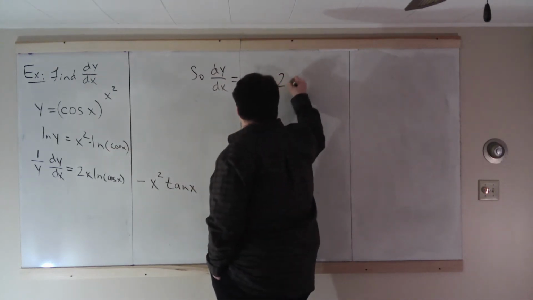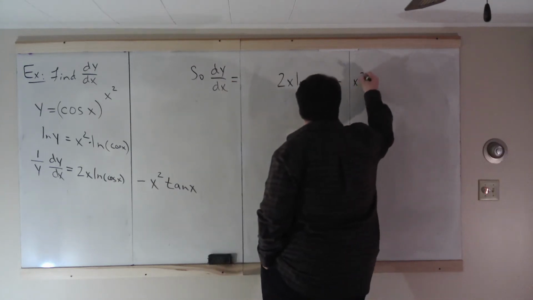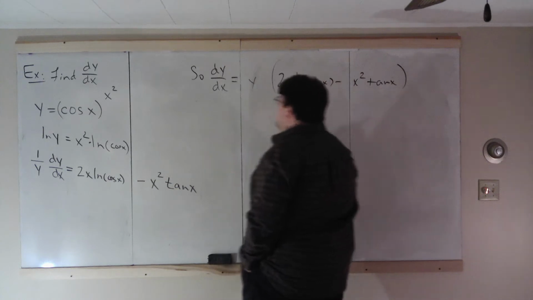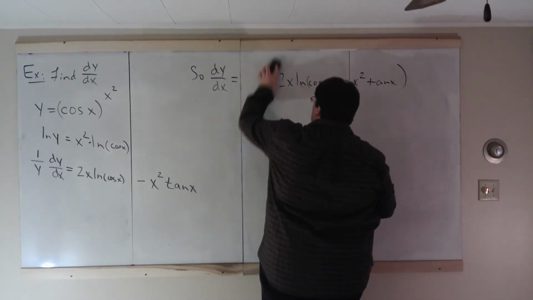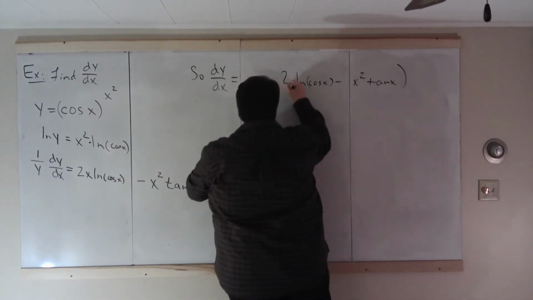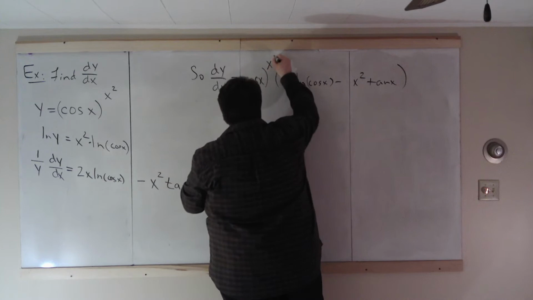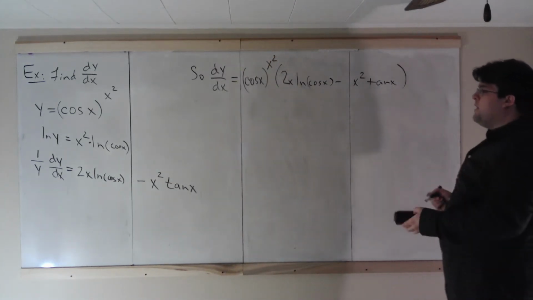So it's 2x log cosine x minus x squared tangent of x, all times y, but y is cosine x to the x squared. So we have cosine x to the x squared times the right side of that equation.